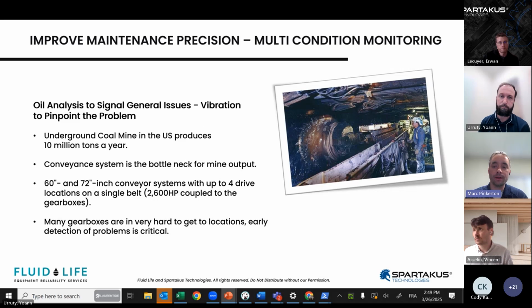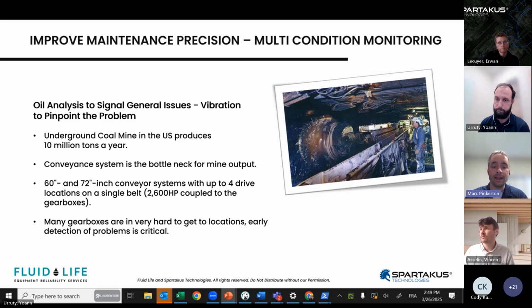Yeah, the example I brought is just a pretty simple one. We work with customers in Canada and the US, etc. One of the coal mines that we work with is underground, and their bottleneck is their conveyance systems, right? These gearboxes are typically in hard to get places.